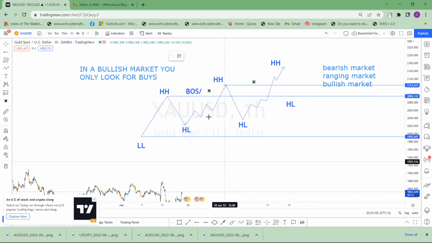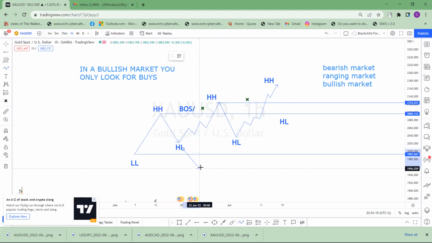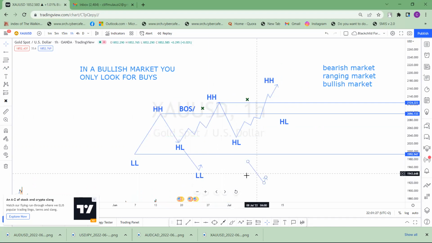Let's say the market has come here and broken this structure down here. If the market has broken this one, by all means, this structure is going to come here and create new lower lows.